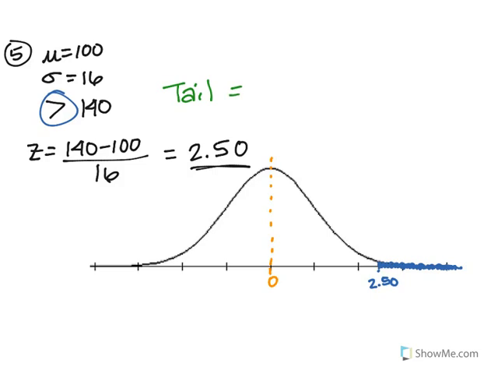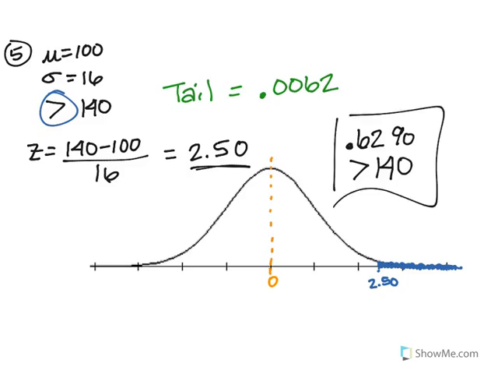So we're going to go to 2.50 on our table, and we're going to look at the tail measurement, which is 0.0062. That would be the area, but if I ask for the percentage, that would be 0.62% have IQs greater than 140.